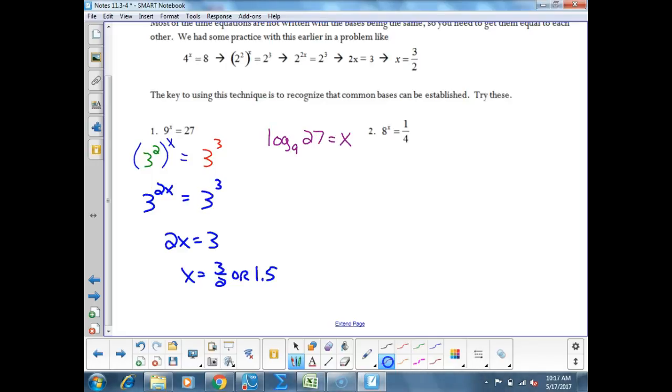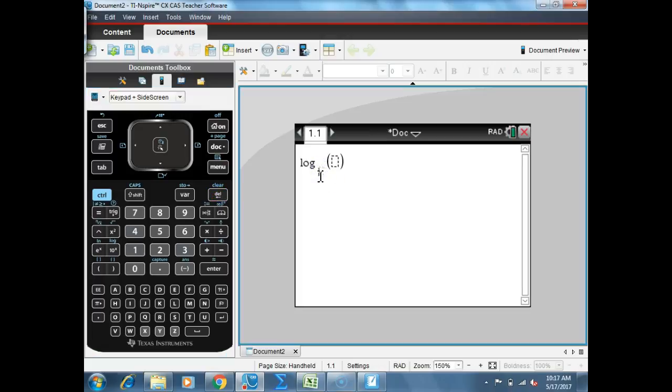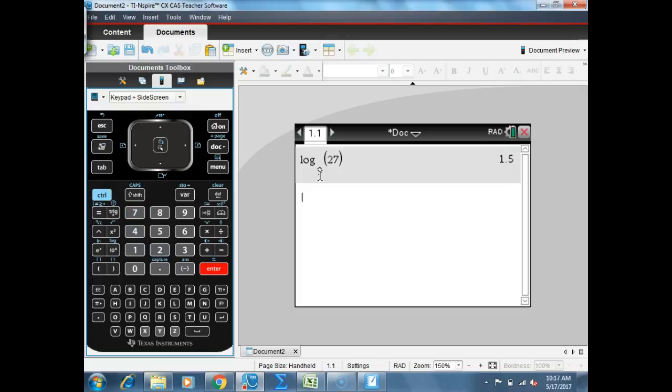Okay. And now I can go to my calculator and I can say, okay, I could go log base 9 of 27. It's going to get me 1.5.